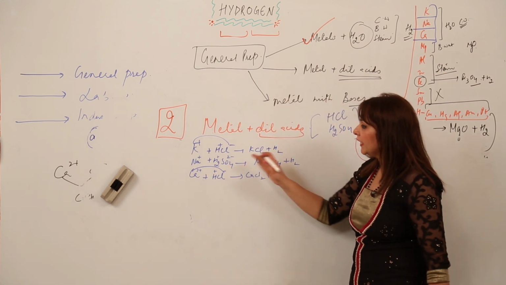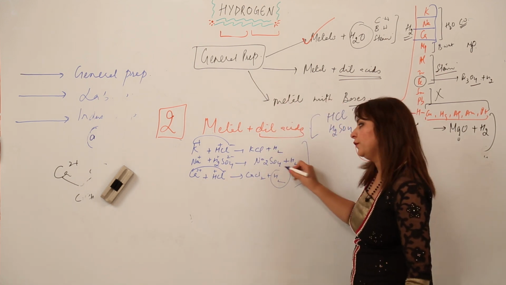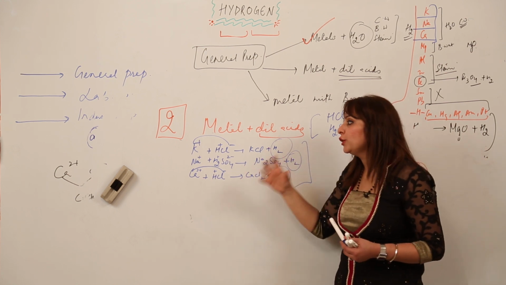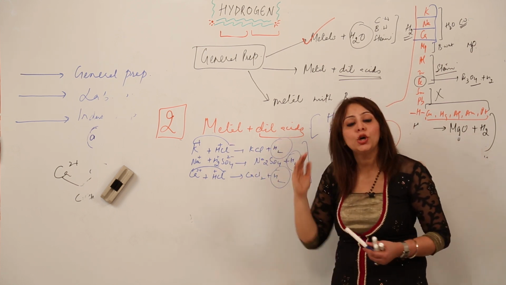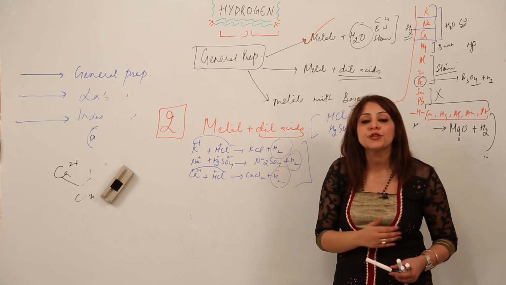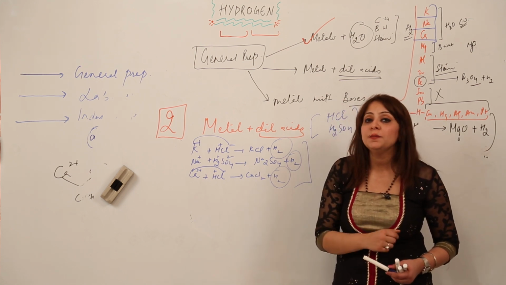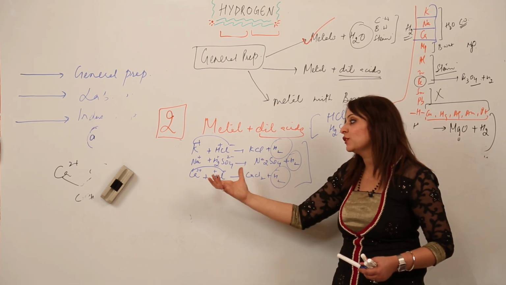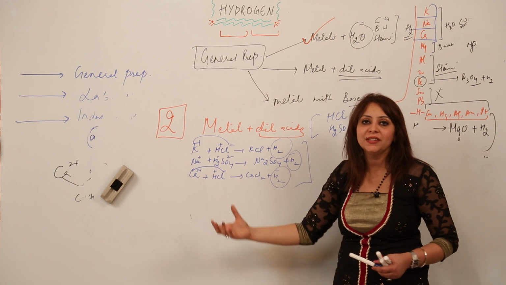So when they are reacting, obviously the hydrogen gas is liberated, but these metals are not used for preparing hydrogen from dilute acid. Now the question must be arising in your mind: what is the reason behind it, when they react so comfortably with the acids?